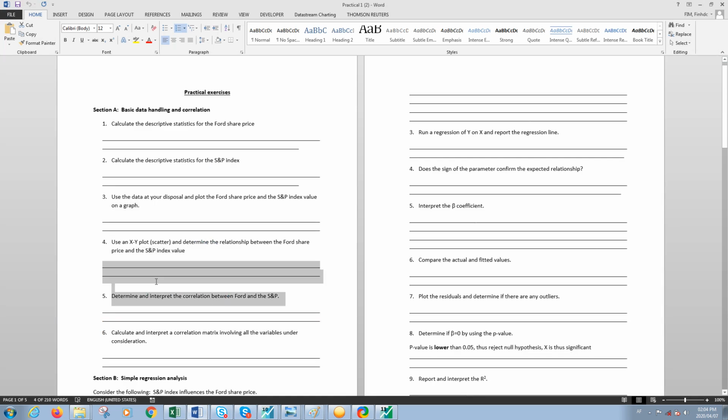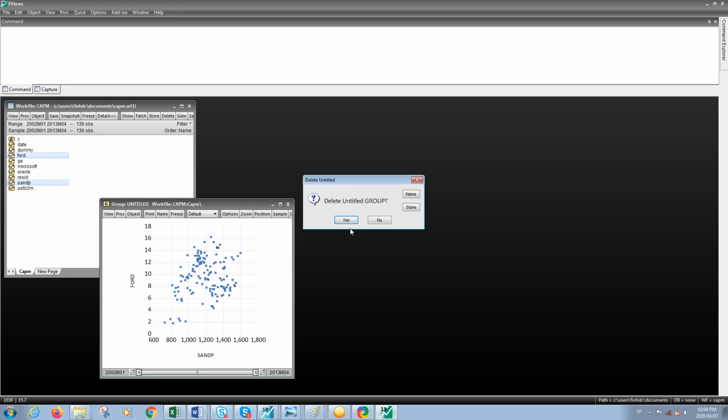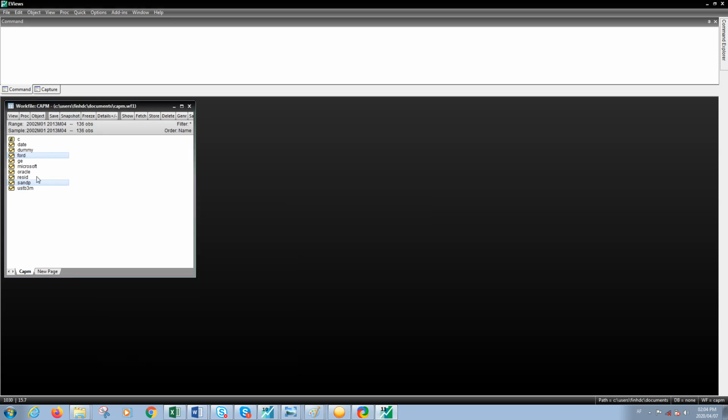Now the fifth question asks us to determine and interpret the correlation coefficient between the Ford share price and the S&P index. So you remain within your group, because you want to work with these two together.